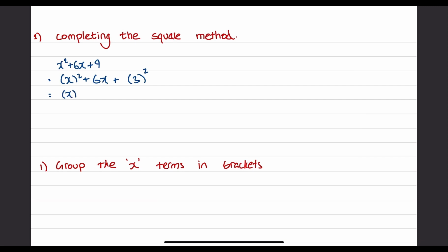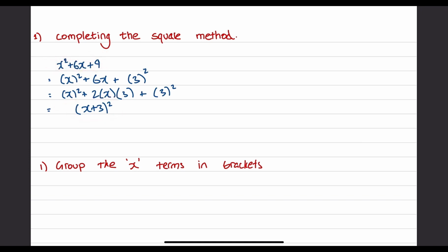So I can write the middle term as a product of 2, x and 3. And now if I collapse the entire thing, I'll get x plus 3 whole squared. So yes, we can say that this quadratic was a perfect square.